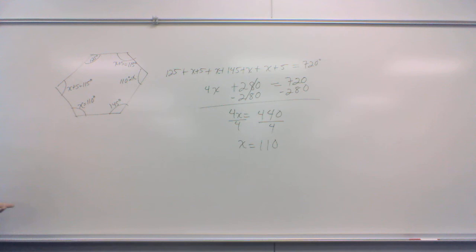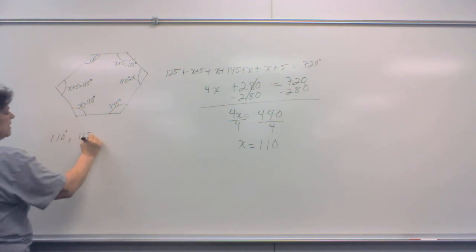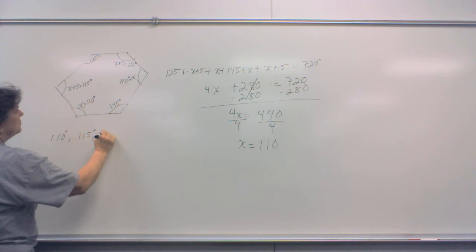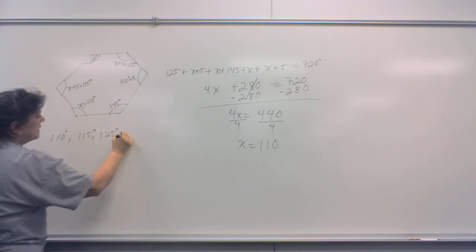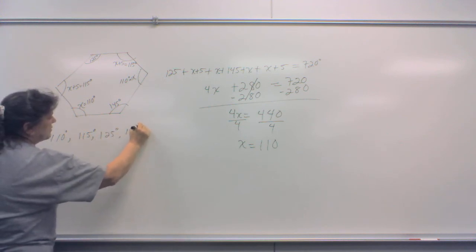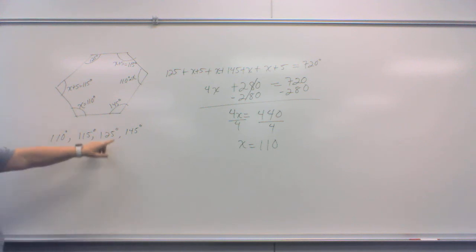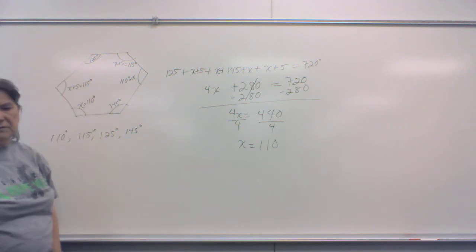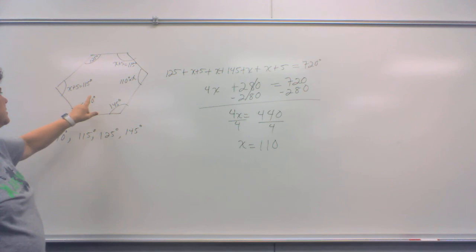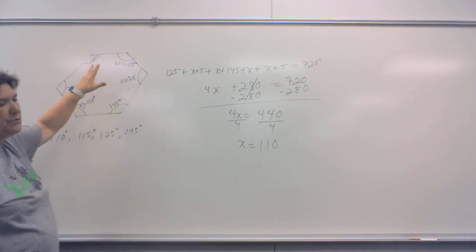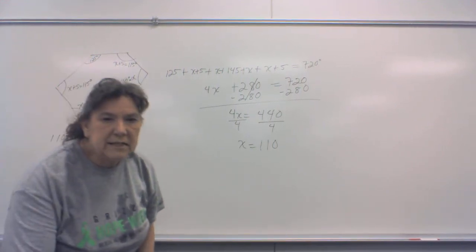So the angles on this are made up of actually 4 different measurements: 110 degrees, 115 degrees, 125 degrees, and 145 degrees. Those are the measurements of those angles. Since there are 2 110s and 2 115s. So that takes care of that.